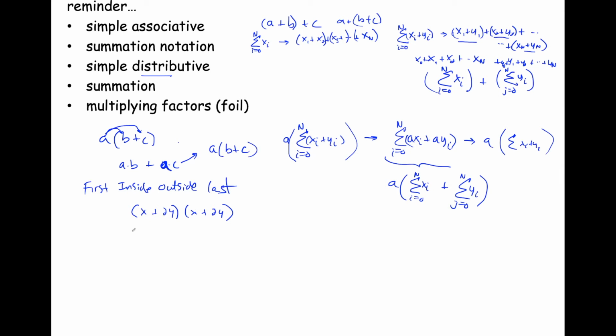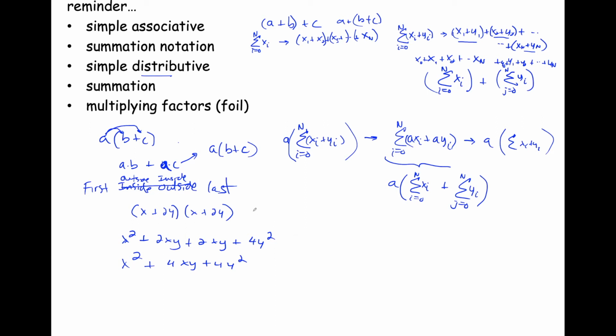So first, x times x is x squared. Outside, that's x times 2y, 2xy. Inside, 2xy. Last, 2y times 2y, that's 4y squared. And so I add this up, I get x squared plus 4xy plus 4y squared.